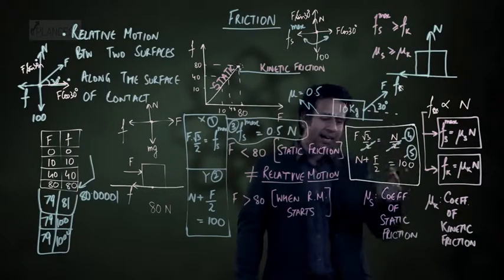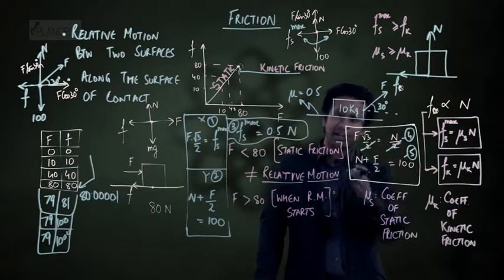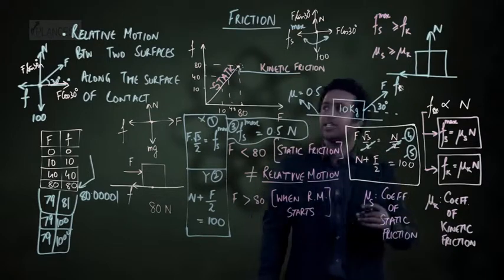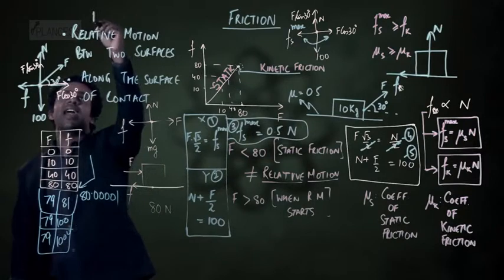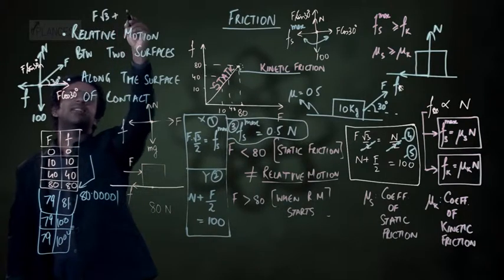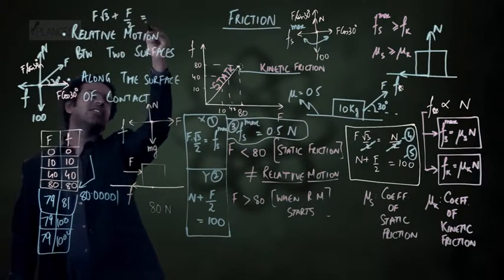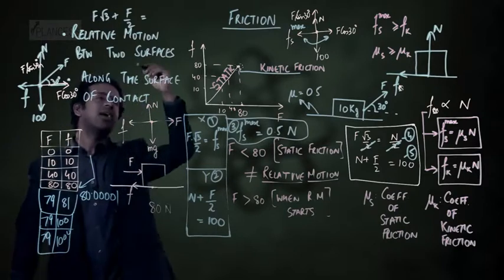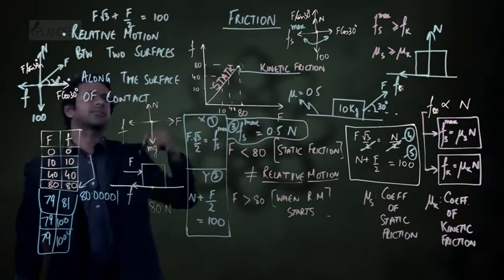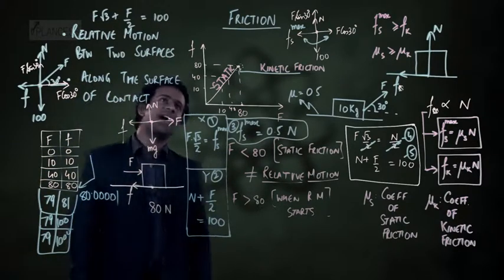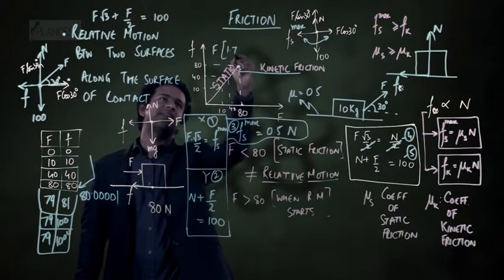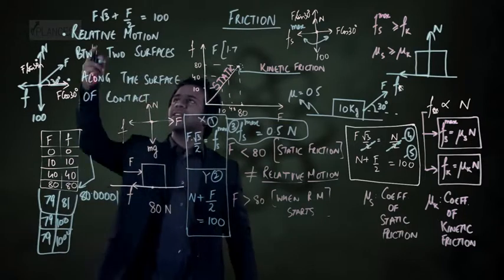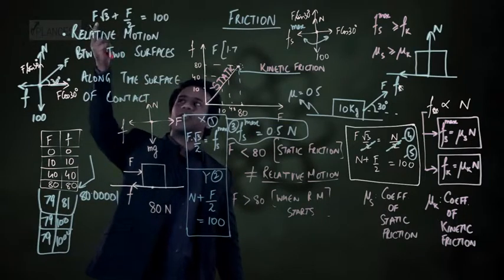So if I add these two equations, I see that normal gets cancelled from both sides, and that leaves me with the equation that F root 3 plus F by 2 is equal to 100. So root 3, I've told you earlier, is 1.7. So what I'm doing is taking F common out of these two terms.